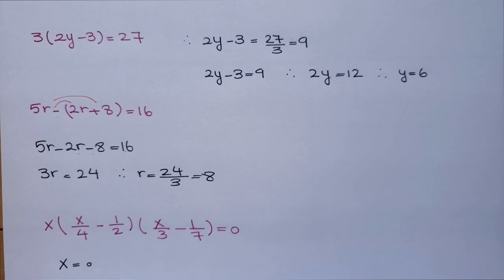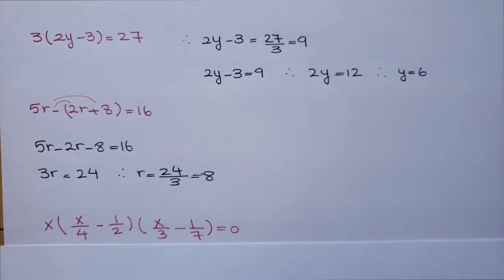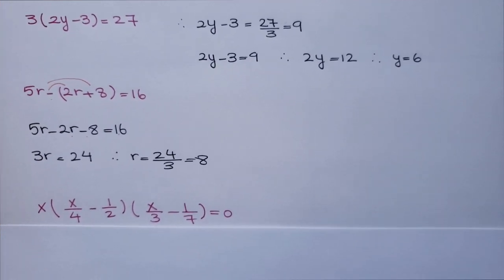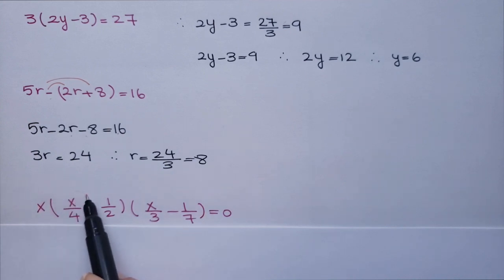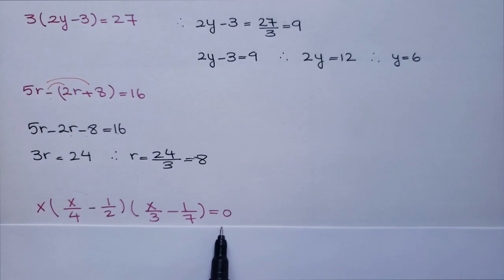The last equation that I brought you here is actually a multiplication of two brackets and then the x, but the final answer is 0.